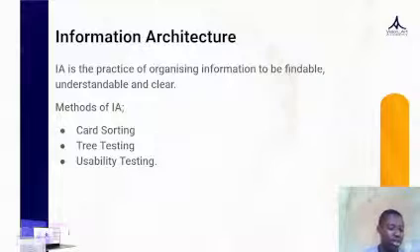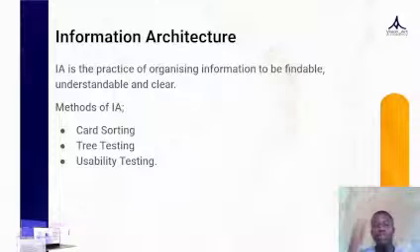Then we have tree testing. Tree testing is like the opposite of card sorting, whereby you have different sections, different categories. Like you already have your categories, maybe you are working on a banking platform, fintech platform, or any banking platform.